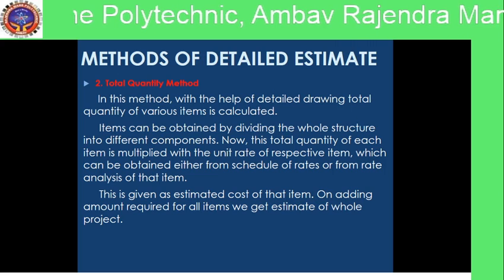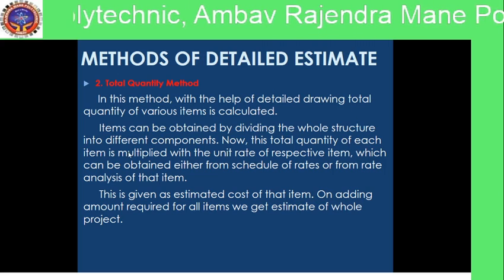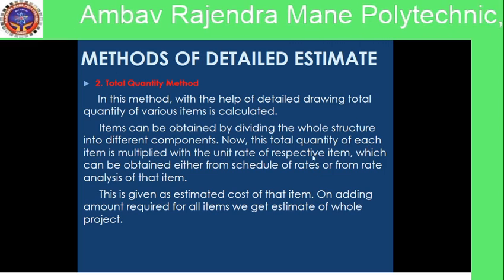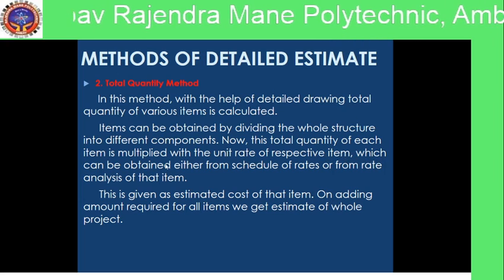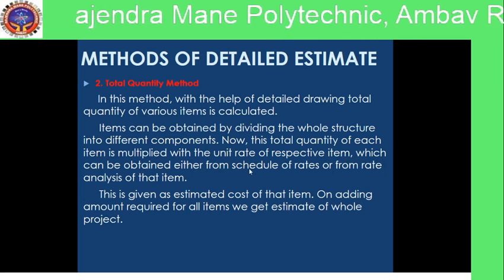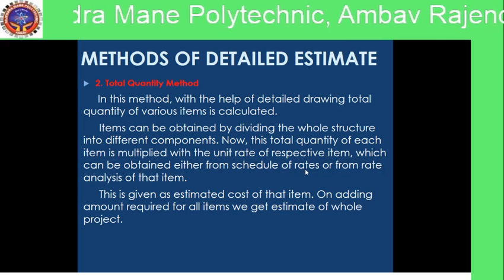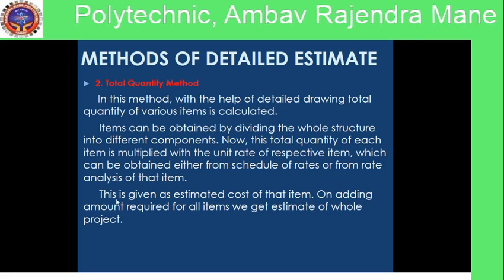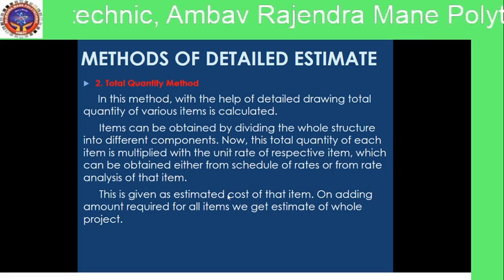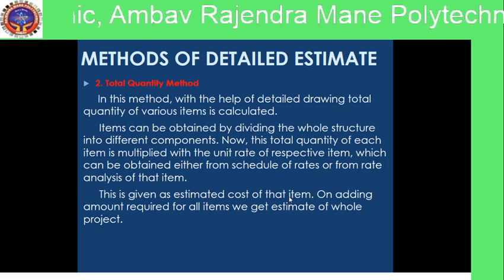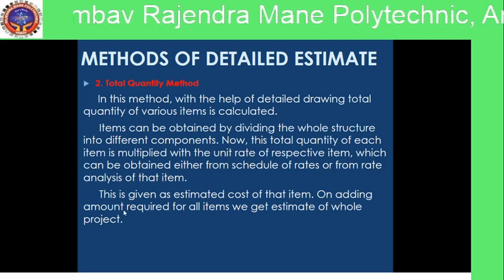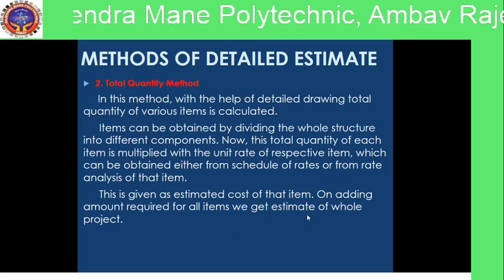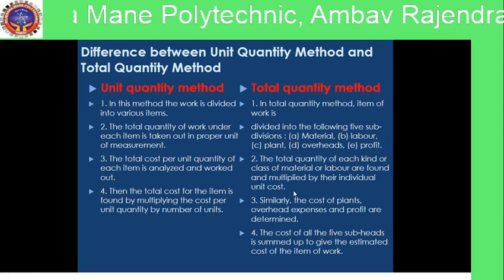Now, this total quantity of each item is multiplied with the unit rate of respective items, which can be obtained either from schedule of rates, or from rate analysis of that item. This is given as estimated cost of that item. On adding amount required for all items, we get the estimate of whole project.